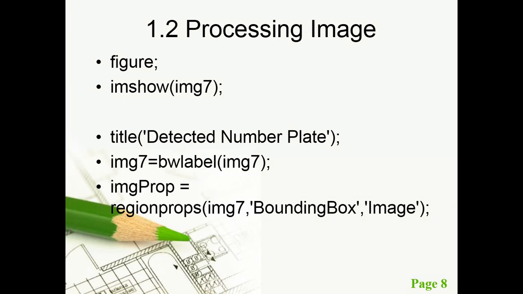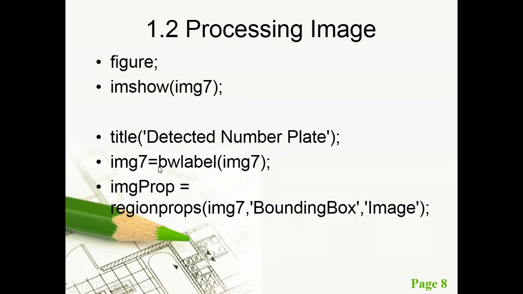This is step number 2, the processing of the image. The first line is figure, so it will open a figure, then imshow of image 7, then giving the title, using the code title in brackets in quotes, detected number plate. We are showing the image inside that figure.